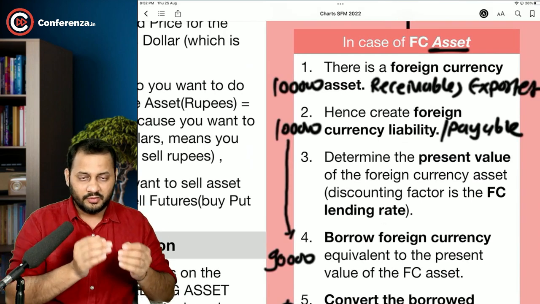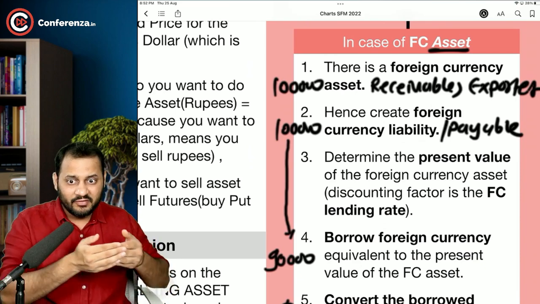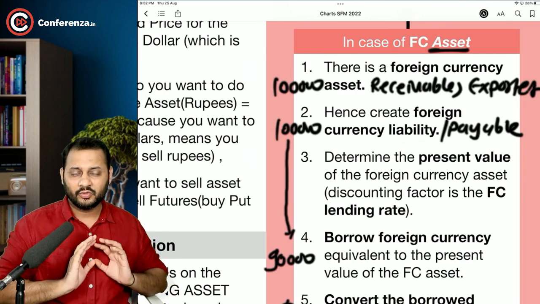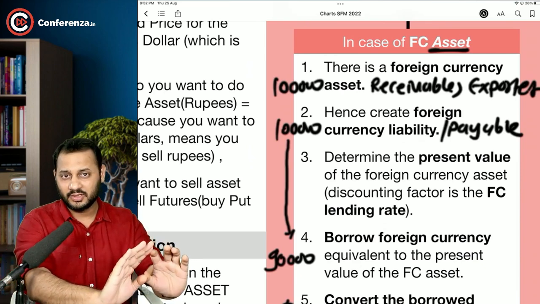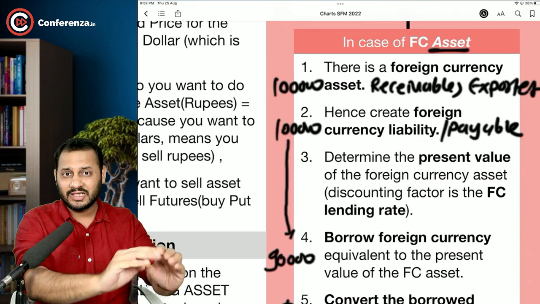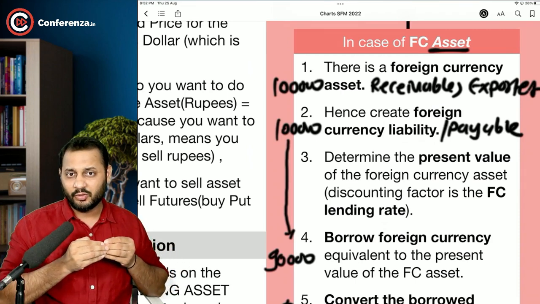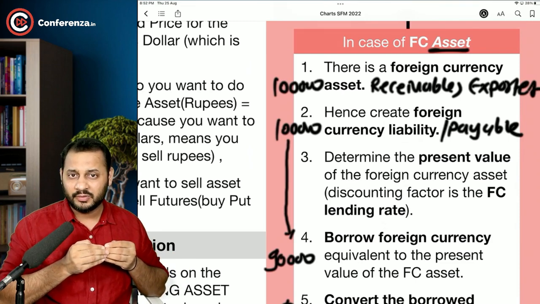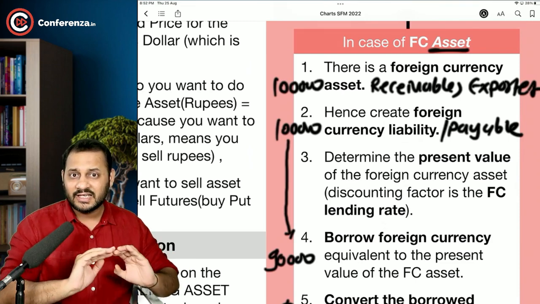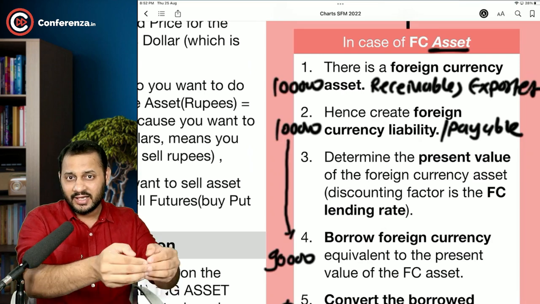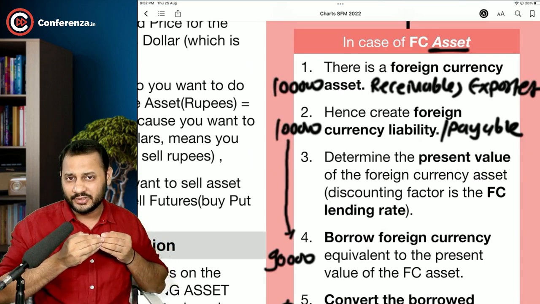Okay. We have a foreign currency receivable. We want to create a foreign currency payable. For that purpose, we will have to borrow foreign currency today. If we borrow foreign currency today, what will happen? After borrowing, we will sell foreign currency at spot rate and receive the home currency, that is rupees.